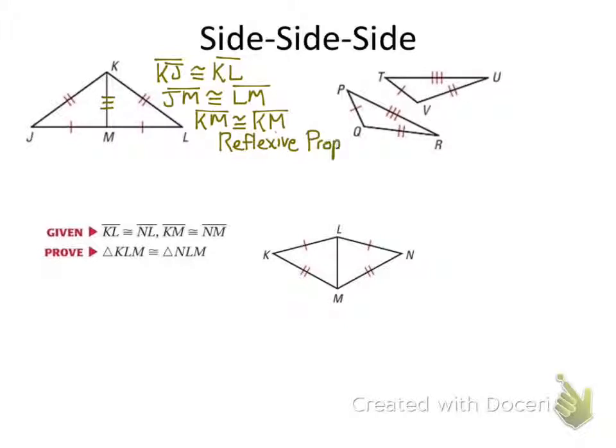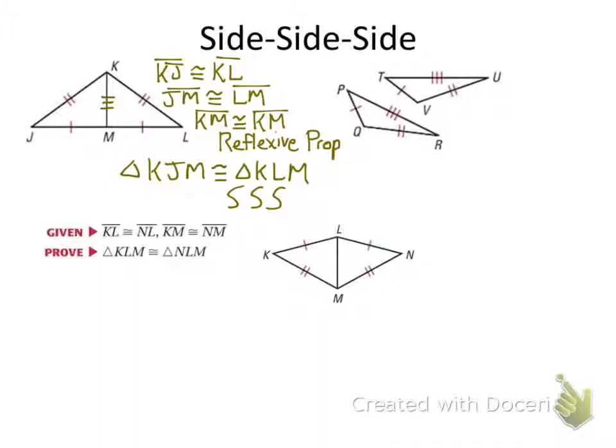This will be a very popular one. We're going to see a lot of these types of problems. When it's a shared side in both, it's congruent to itself, so it is reflexive. Now we look at our diagram, we have all 3 sets of sides, so I could say that triangle KJM is congruent to triangle KLM, and that's going to be by side, side, side.